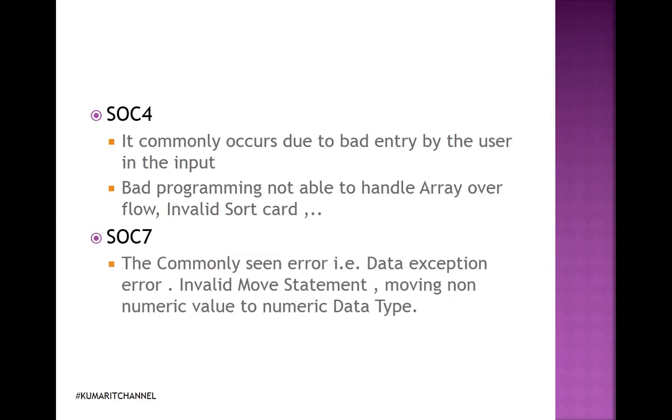And S0C7, this is very commonly seen, and we call it a data exception error. You are passing some non-numeric value to numeric fields, and in that case S0C7 will occur.